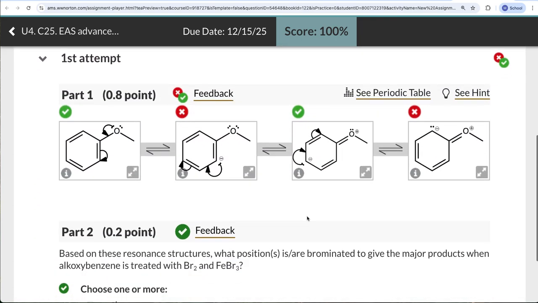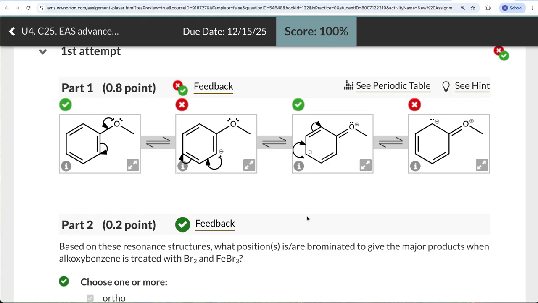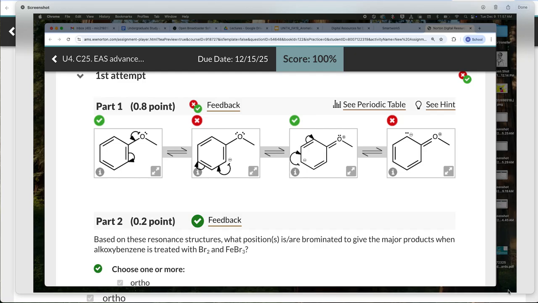Curved arrows, all they're trying to get you to do here is just show resonance. And in particular, why would we care about this resonance? The point of doing this resonance is kind of twofold.